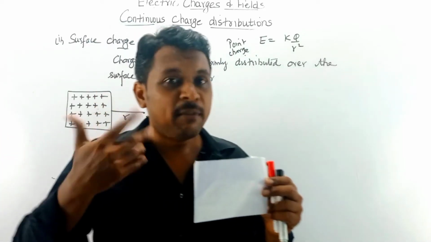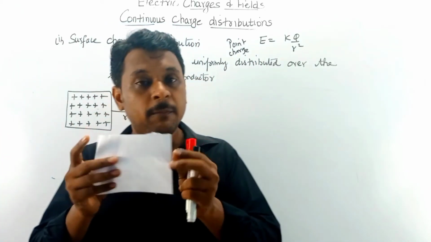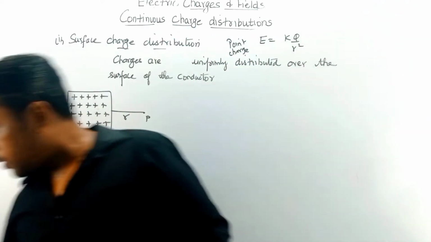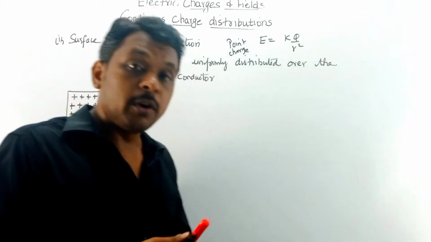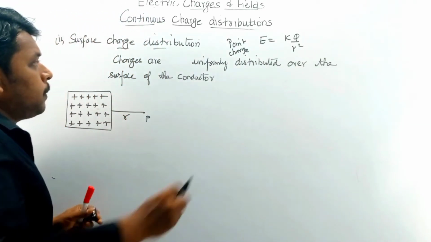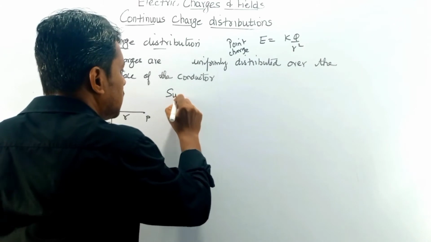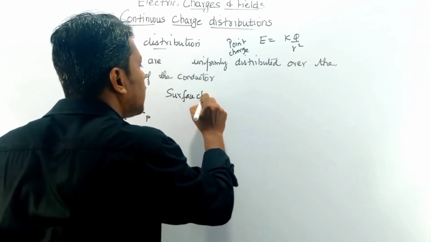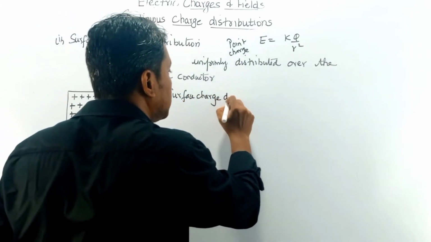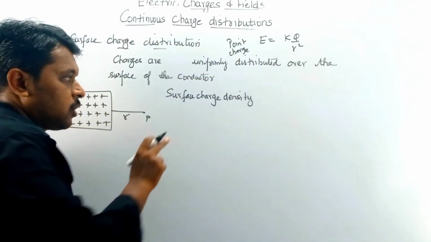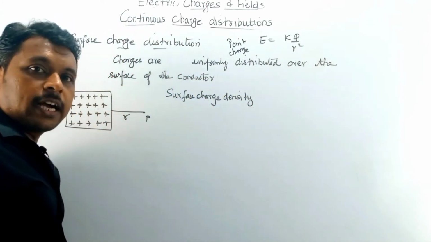But in most practical cases, if the area is very large, it is preferable to find a term. So here I am going to introduce the term which we call surface charge density. As we discussed linear charge density for linear charge distribution, here also I am going to introduce surface charge density.